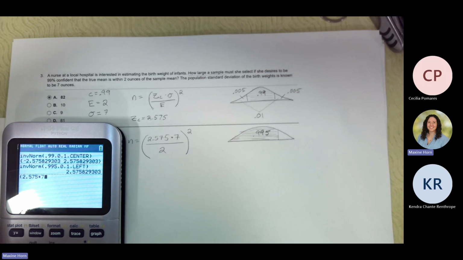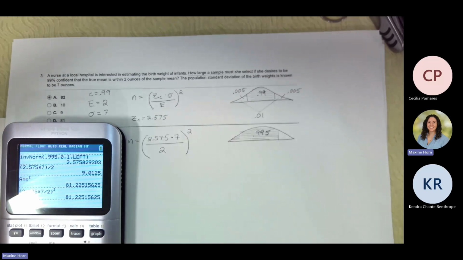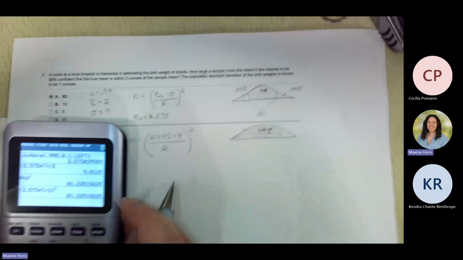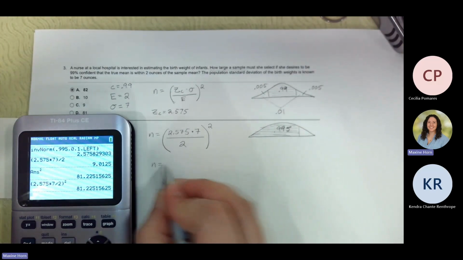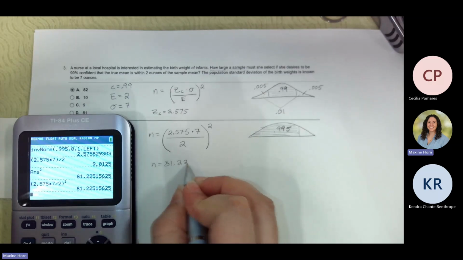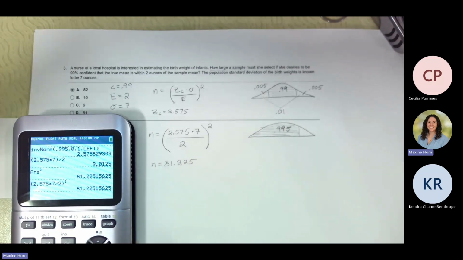If I wanted to, I could do this step by step, and then I square it. Or if I wanted to do it all at once, this is just multiplication and division, so it's actually going to be okay. But we're going to be getting an n value of 81.225, and so on.